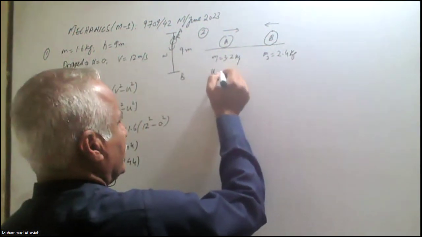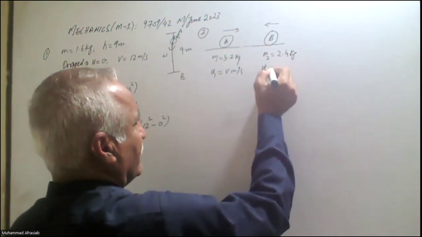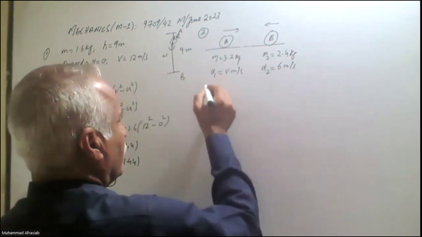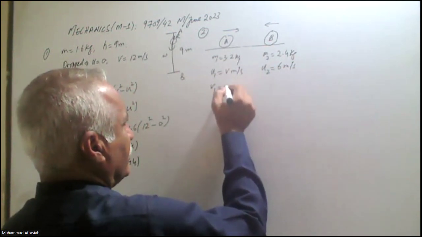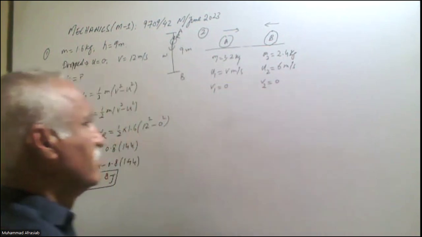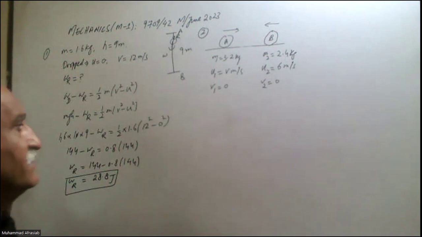A's initial velocity is v meters per second and B's initial velocity is 6 meters per second. The final velocity of each is zero, because they come to rest after the collision. Now you are going to find out the value of v.